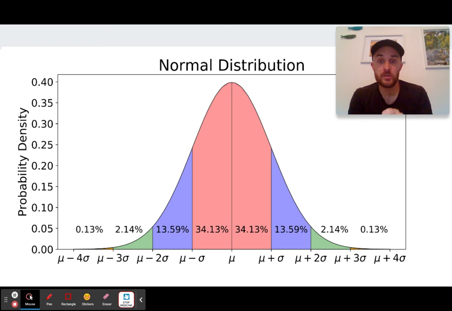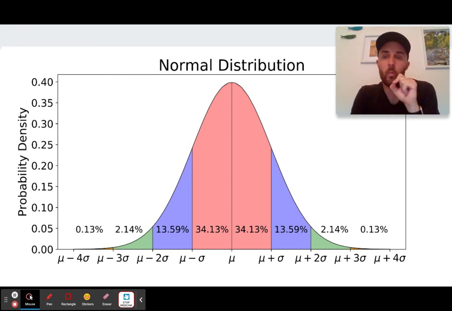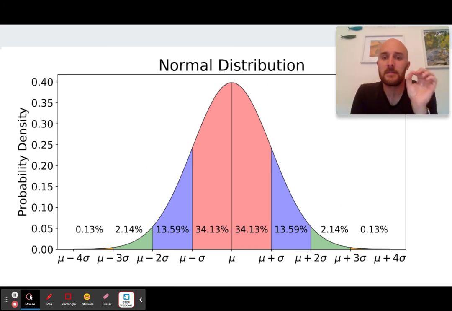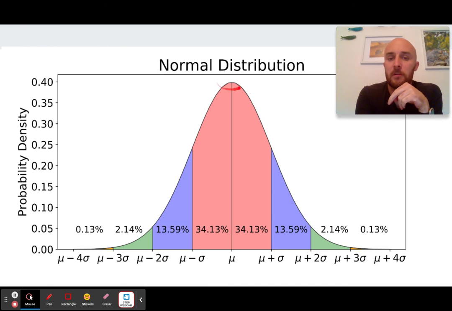Take height. If I took 100 random people, and it has to be truly random, not me going up to them and asking them because I can see their height, then I become biased. But if I took 100 completely random people, I would get this graph time and time again. The majority of people are in the middle.